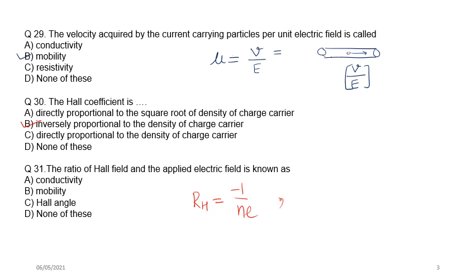We know that we get an angle phi, which is defined as the Hall electric field divided by the externally applied electric field, say Ex. So this phi is called the Hall angle. This ratio is defined as the Hall angle.